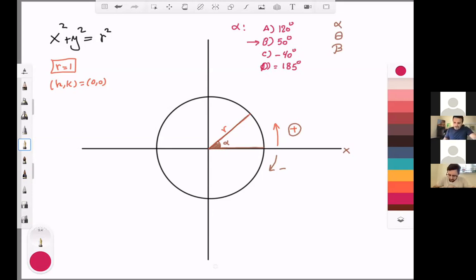So negative 40 is out because this direction goes negative. So alpha is in the positive direction. And how do we know it's 50, not 120? We know this is one revolution, correct?